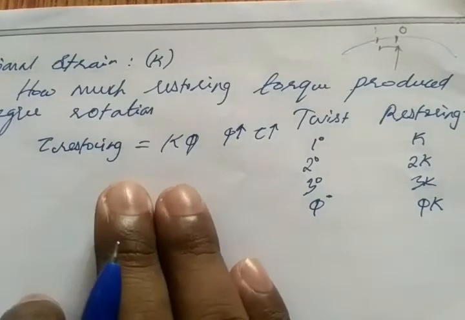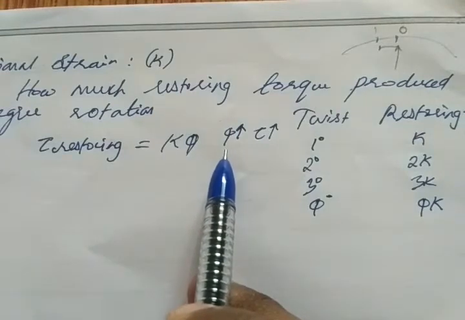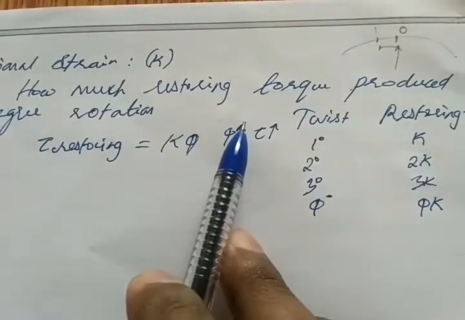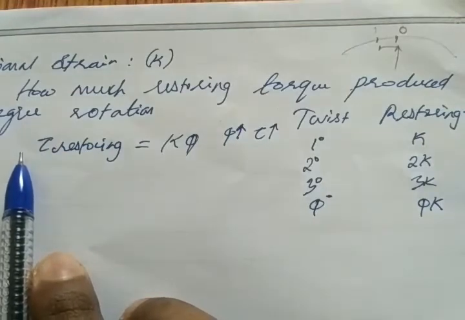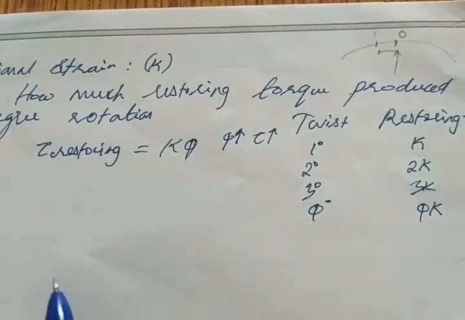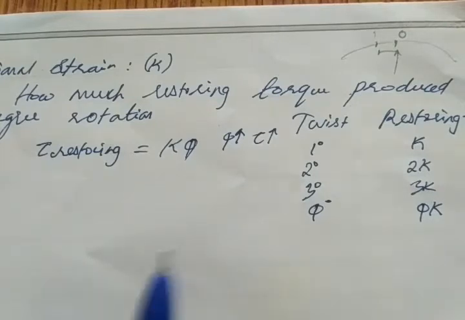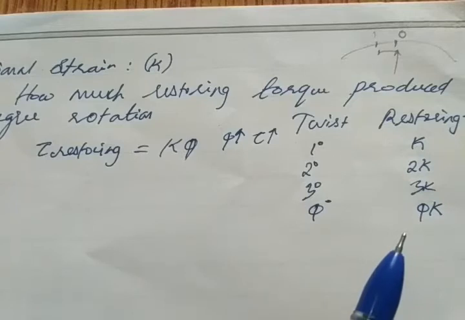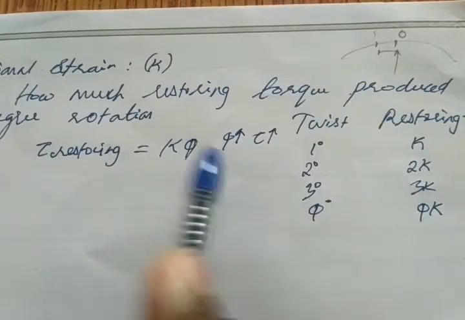The similar thing happens here. When the deflection is more, the needle comes to rest position from a very large distance, from 0 to 4. Then it has to go from 4 to 0, the mean position. In order to go from 4 to 0, it should have more restoring torque, right? So when phi is more, the restoring torque will also be more.